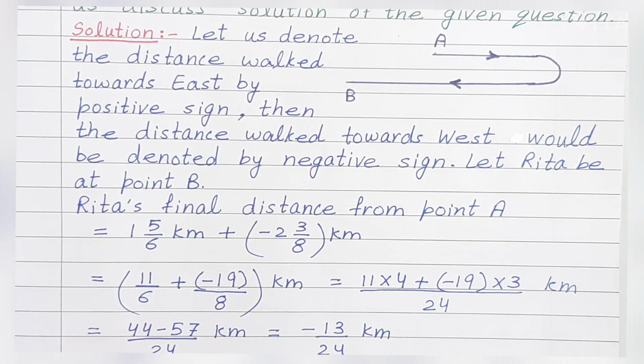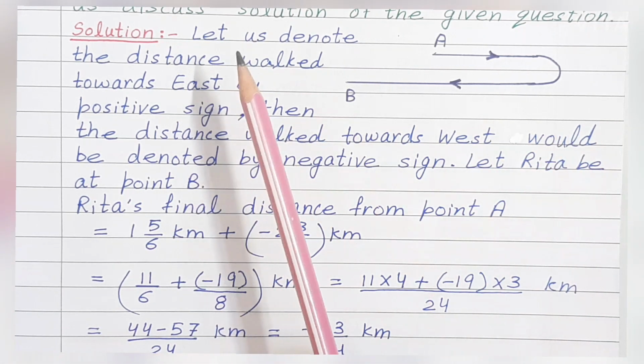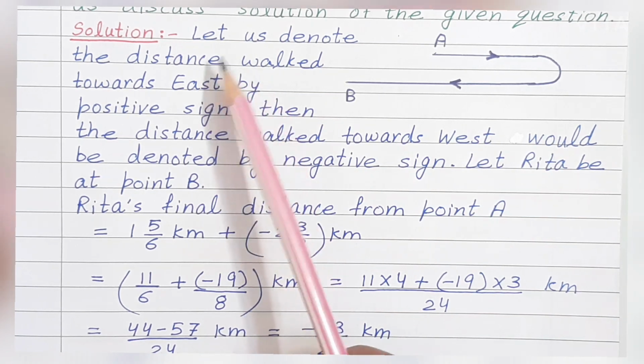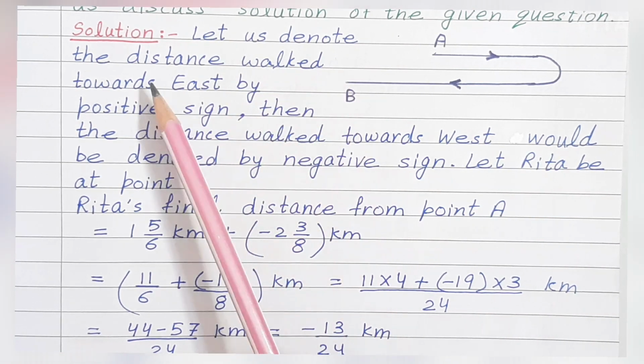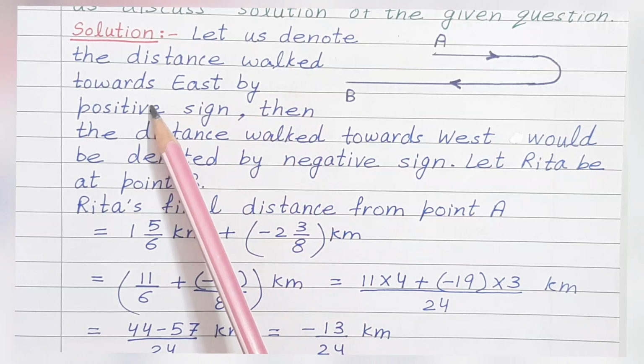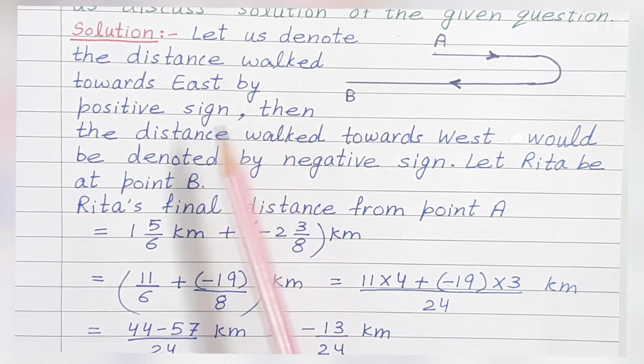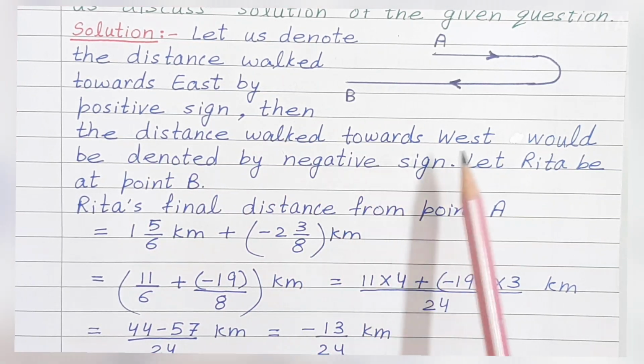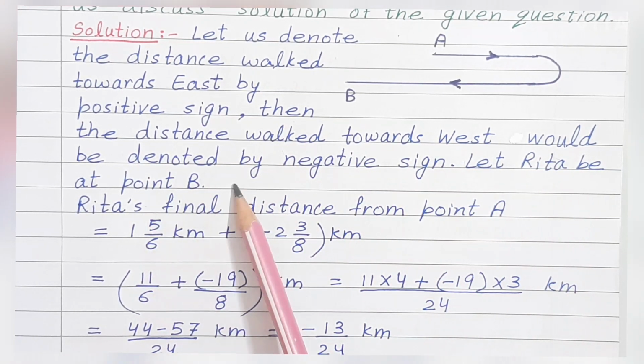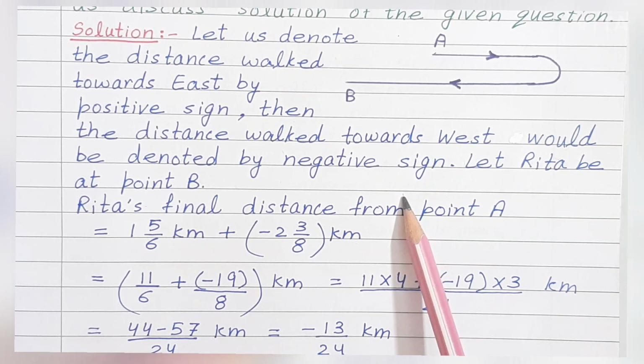5 minutes break is over, children. Now let us discuss the solution of the given question during the break. So let us denote the distance walked towards east by positive sign. Then the distance walked toward west would be denoted by negative sign.